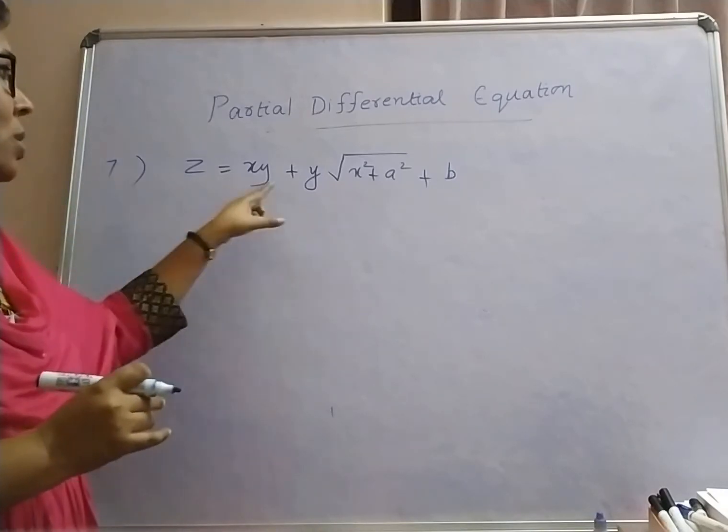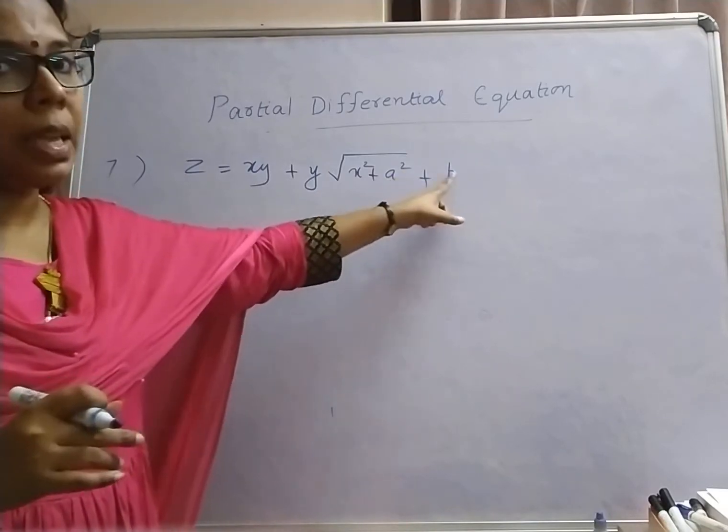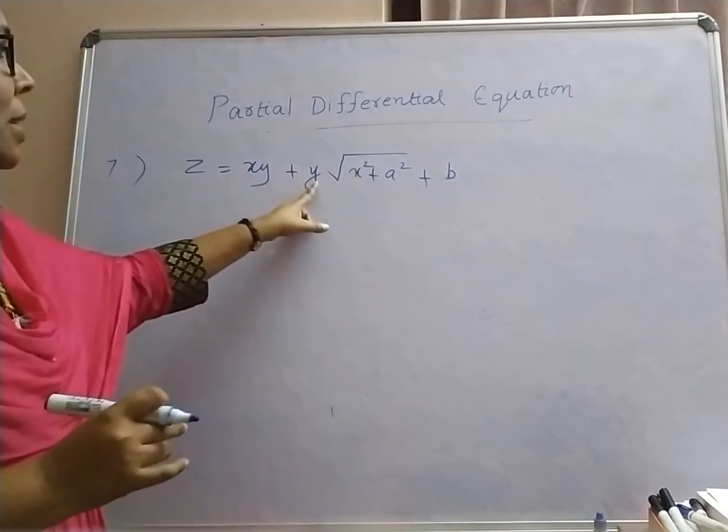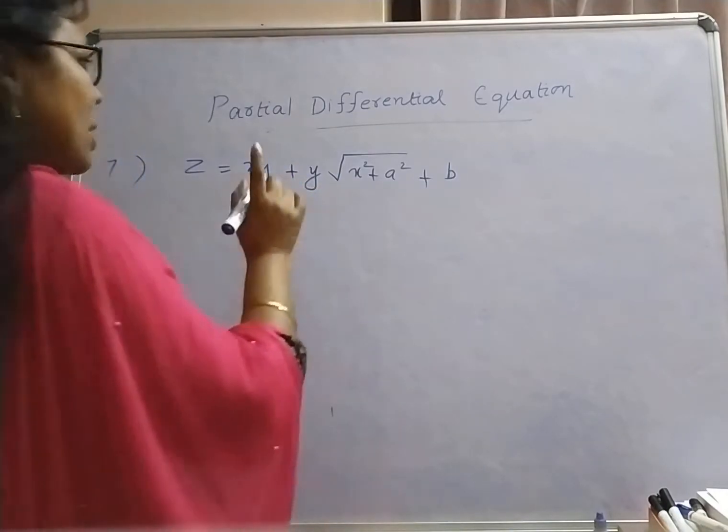Here the arbitrary constants are a and b. Therefore, we have to eliminate only these a and b. Number of independent variables, that is x and y, also 2. Therefore, we get a PDE of order 1.